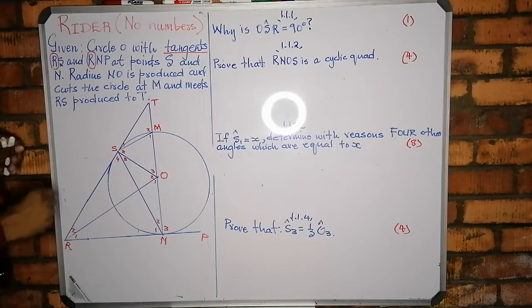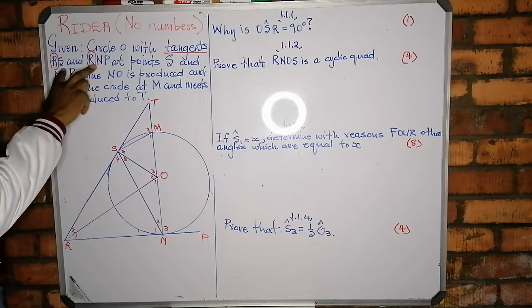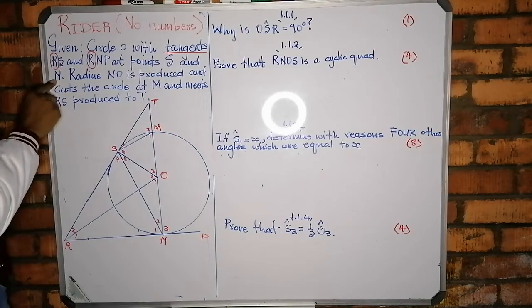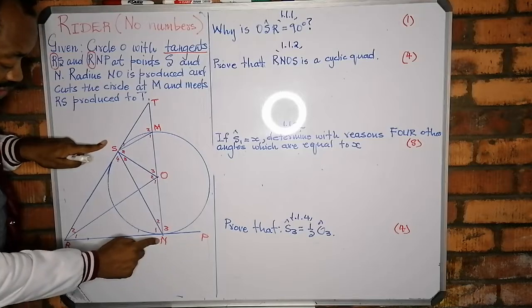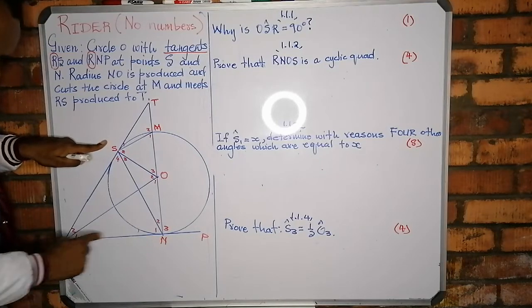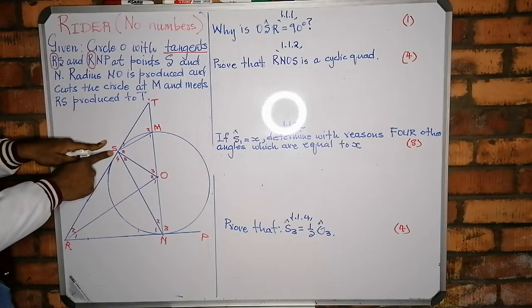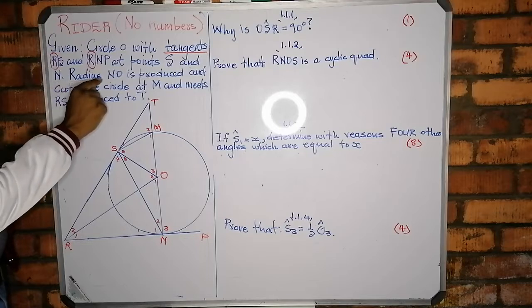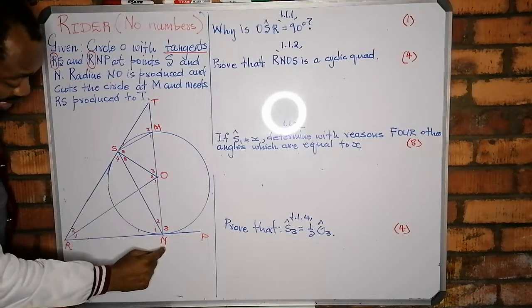Let's continue now. They say that two lines are tangents at points S and N. RNP touches the circle at point N. RS touches the circle at point S, as the statement is saying. Radius NO, let's look at that radius.